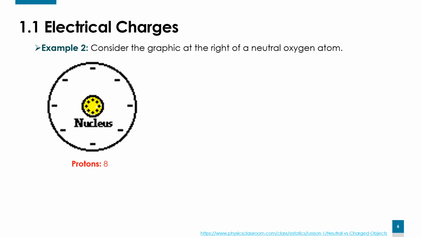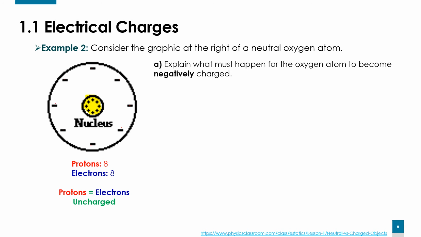And how many electrons? Count for me. 1, 2, 3, 4, 5, 6, 7, 8 as well. So I have 8 electrons as well. What can you say about the charge of this one? The number of protons is the same as the number of electrons, so it is uncharged. Okay, we just analyzed the picture.